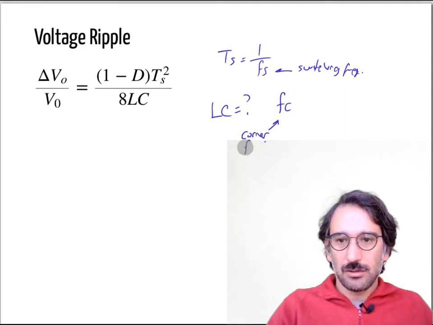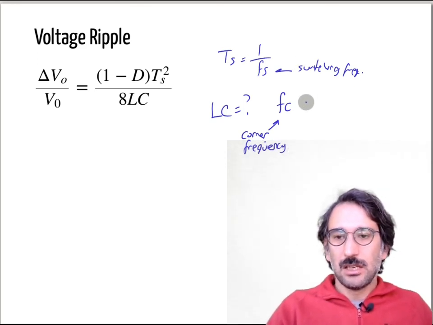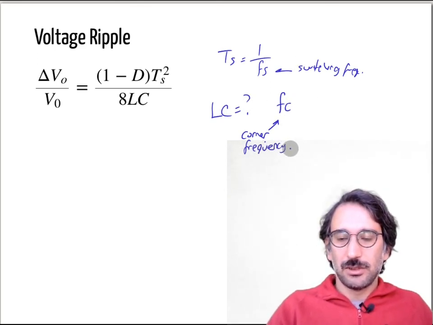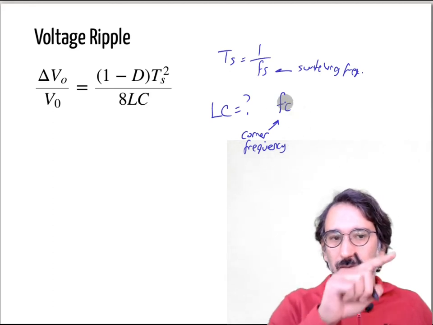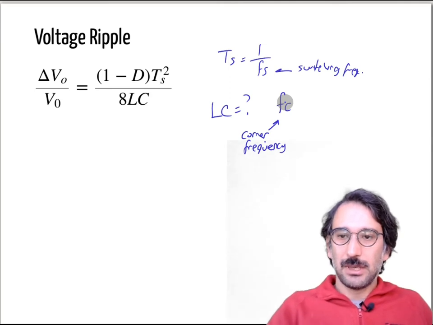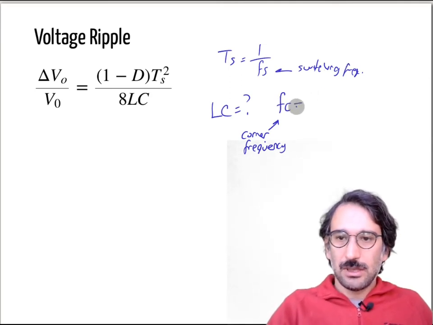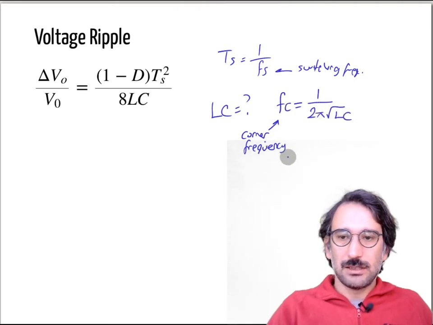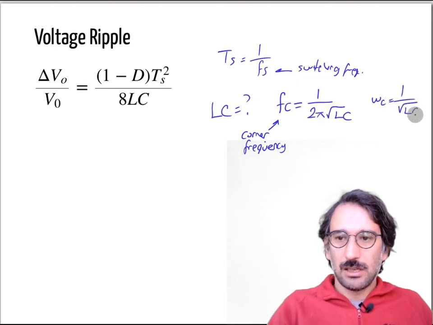I showed you the Bode plots, the transfer functions of those equations. There's a corner frequency where you start having some negative gain. That was equal to 2π square root LC, or you can write omega c is equal to 1 over square root LC.